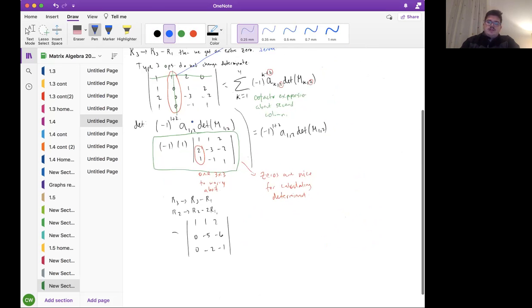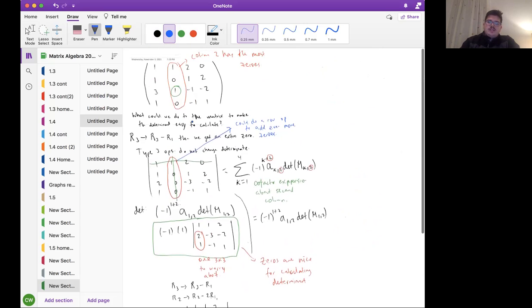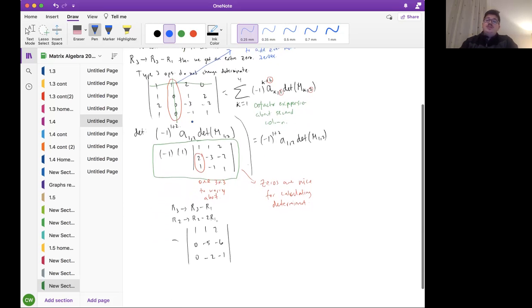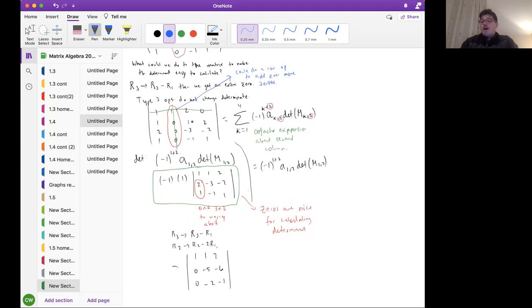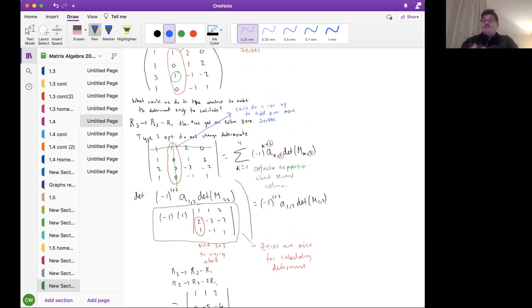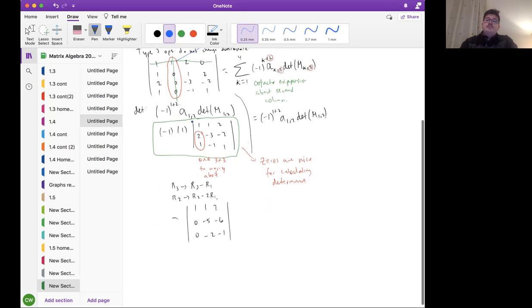Again, just to zoom out a bit, what we did was we looked at the second column and saw it had the most zeros. So if we calculate the determinant expanding on the second column, we'll have less work to do. To do even less work, we can do a row operation to construct even more zeros in our column.